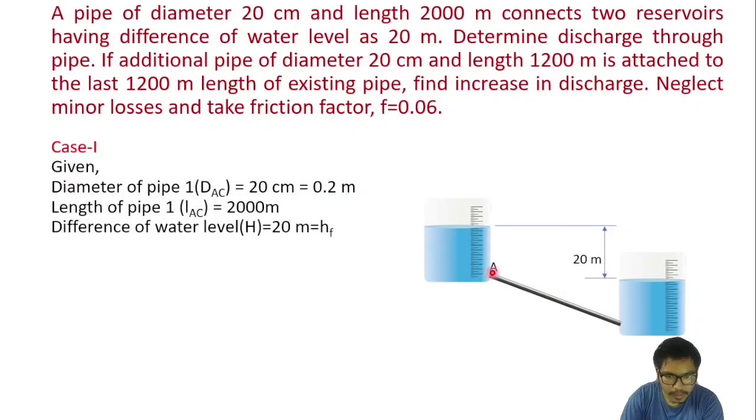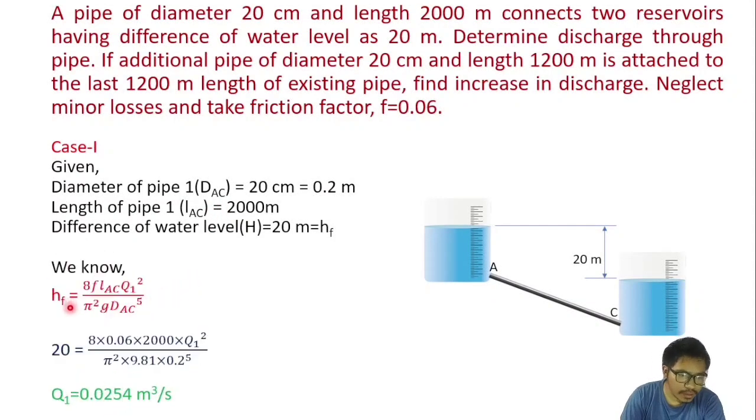So this is point A, this is C. We know the head loss formula is 8 f L Q square upon pi square g d raised to power 5. f is frictional factor 0.06, length is 2000 meter, discharge is unknown, g is 9.81, and diameter is 0.2. So we got the value of discharge Q1 in this pipe AC as 0.0254 meter cube per second.